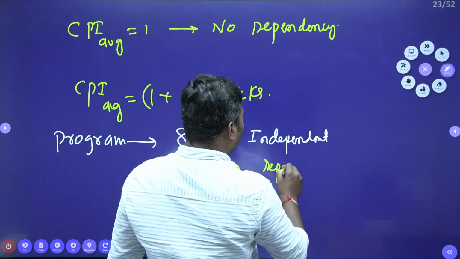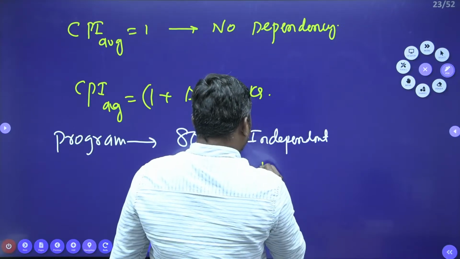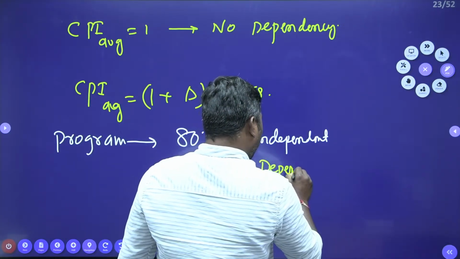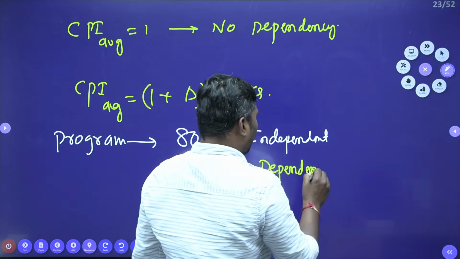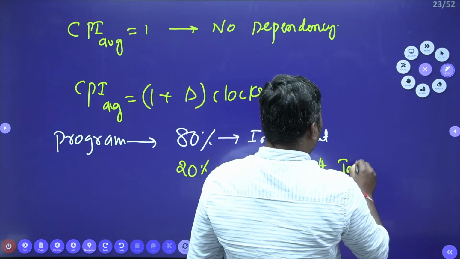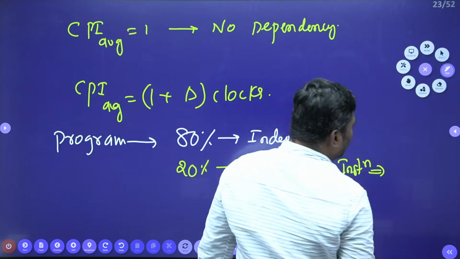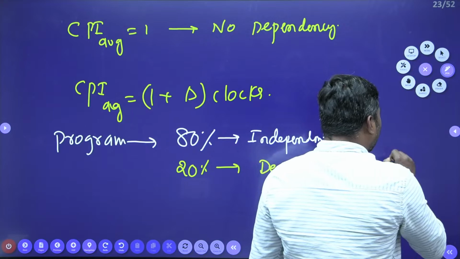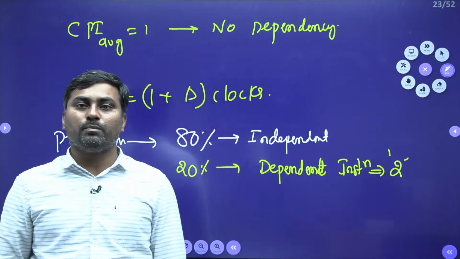Assume each dependent instruction takes 2 extra clock cycles due to dependency.